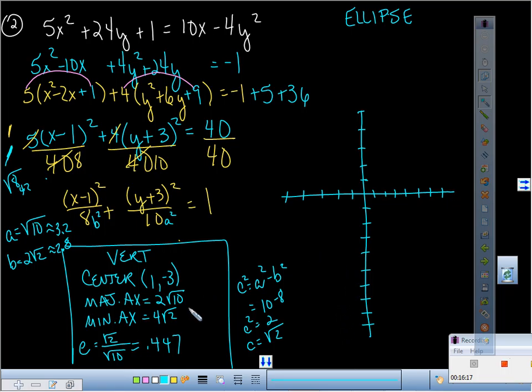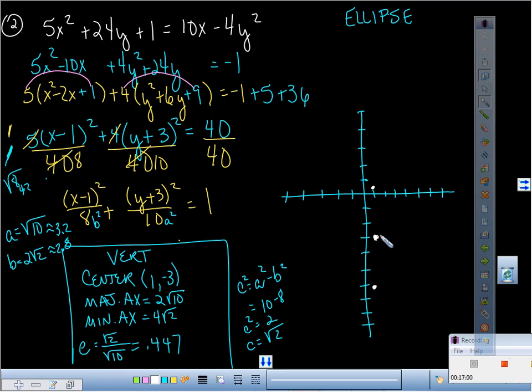Okay, so let's graph it. My center is 1, -3. Now, here's where you have to stop and think. This thing's vertical, so my a's are going up and down. a is about 3.2, so I'm going to go up 3.2, and down 3.2.